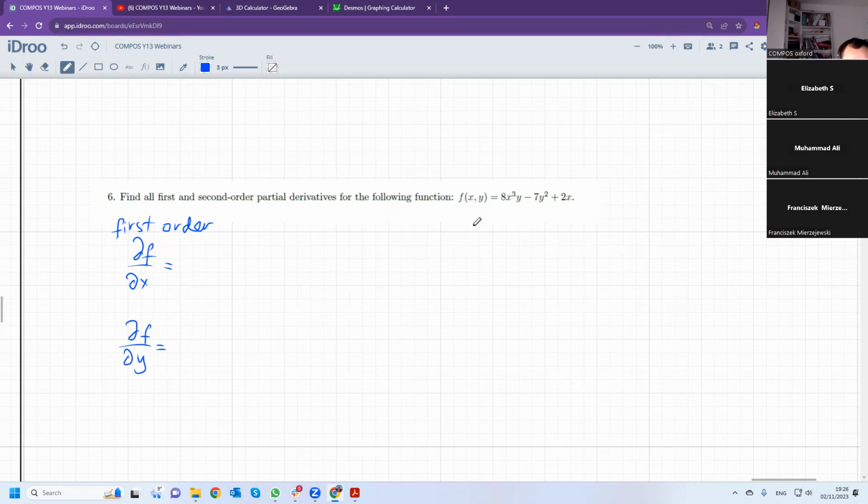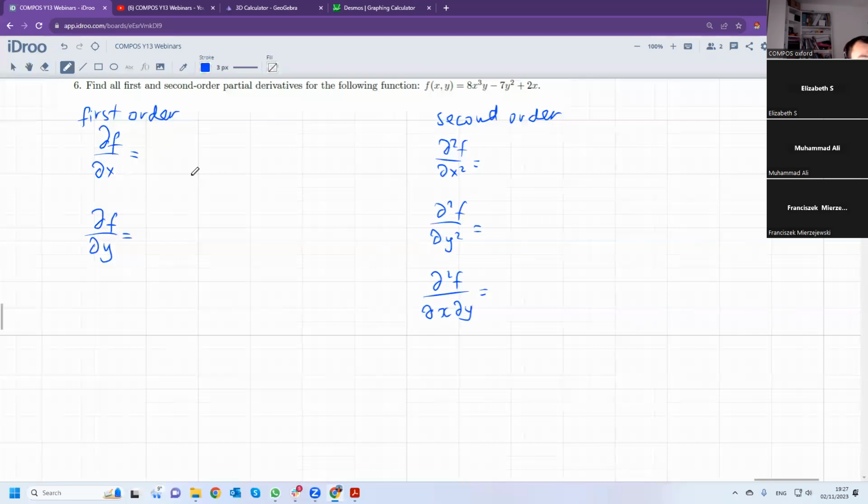Second order, we have d squared f dx squared, d squared f on dy squared, d squared f dx dy. And just in case, let's do d squared f dy dx. Let's see if they are the same.